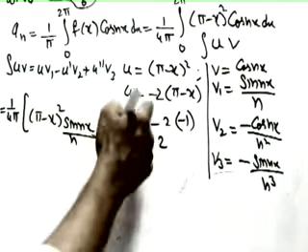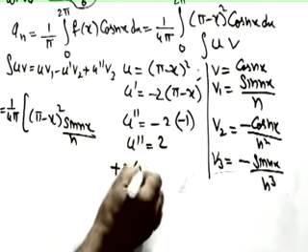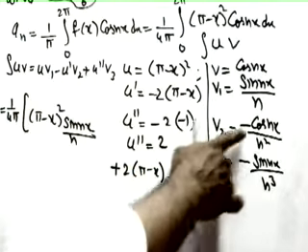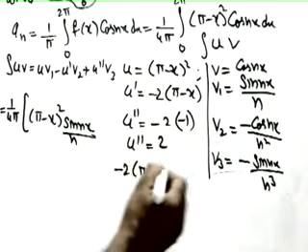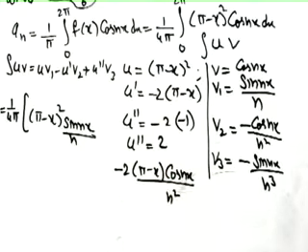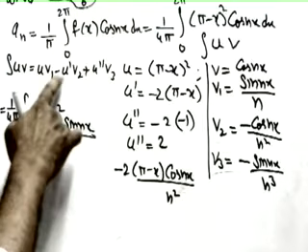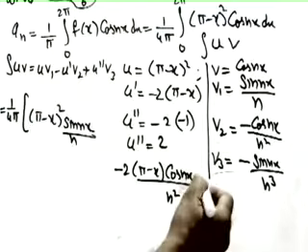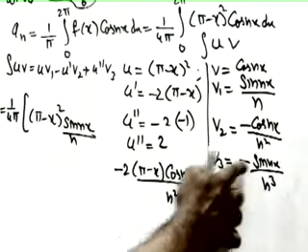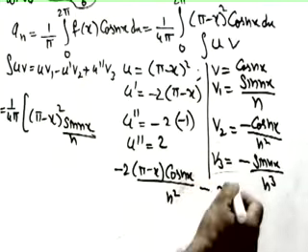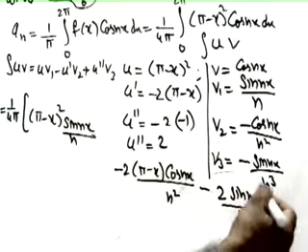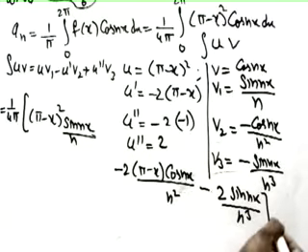What is u dash here? u dash is again minus, so minus of minus will become 2 into pi minus x, u dash v2. v2 again we are getting minus, so plus into minus will become minus cos nx divided by n square. So this is the first term, second term, then third term plus u double dash. u double dash is 2 into v3 is minus, so plus into minus will be minus sine nx by n cube.